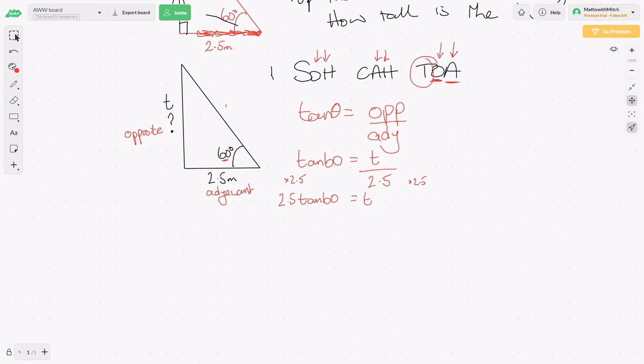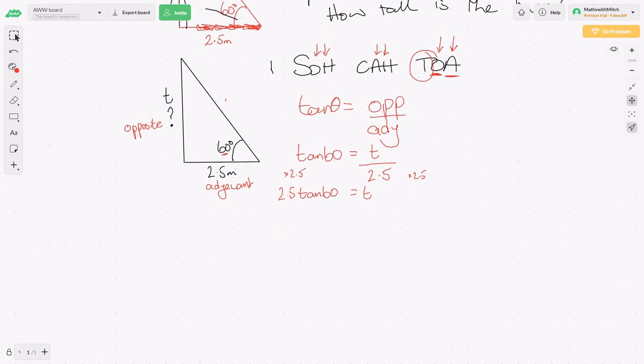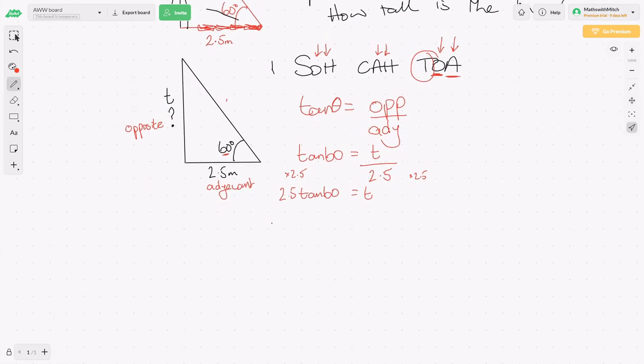Now remember, we looked at the common triangles earlier and we actually worked out what tan 60 was. So there's two ways you can solve this. The first is that you might be in a non-calculator exam, for example, and you have to remember it. Some of the special triangles and the common terms you can try and remember. You could draw out the half equilateral triangle that we talked about, or you could just remember it. So in that instance, it would be 2.5 times root 3, because tan 60 was root 3, and that's going to equal t.